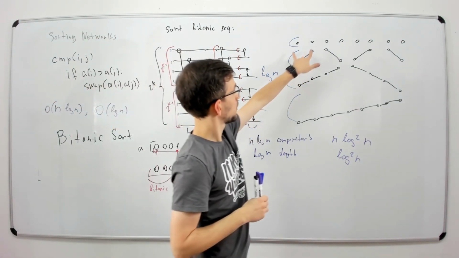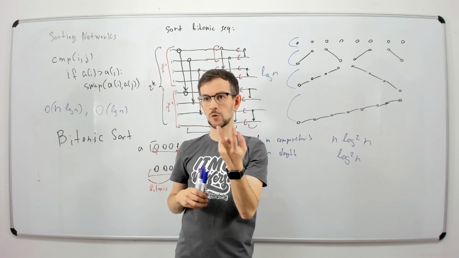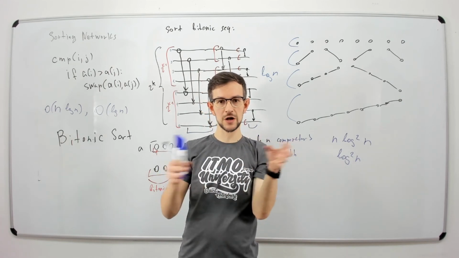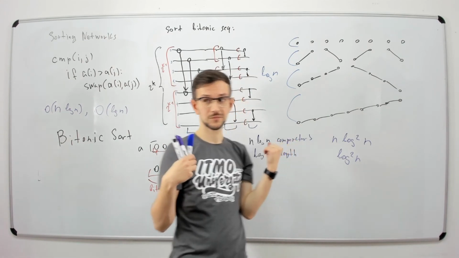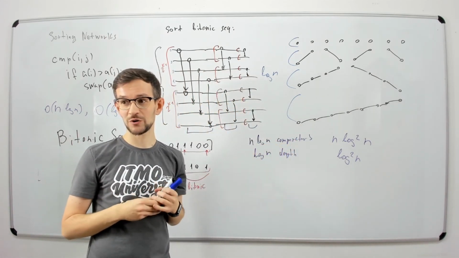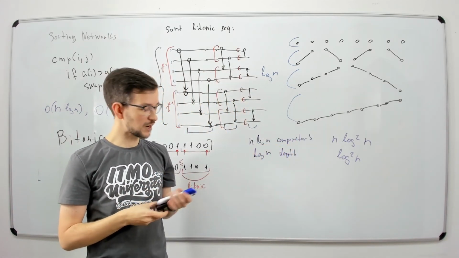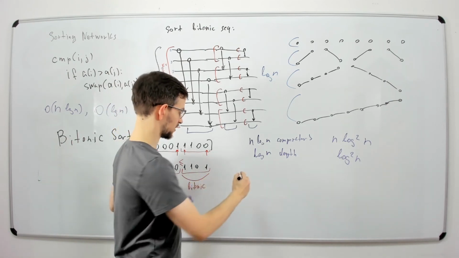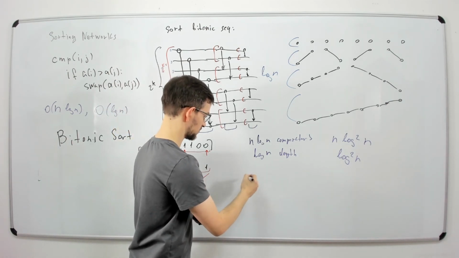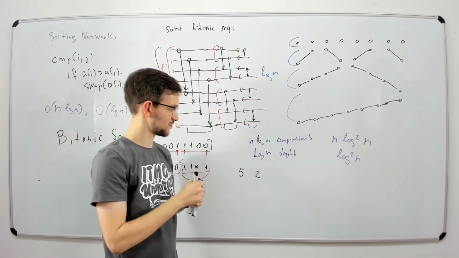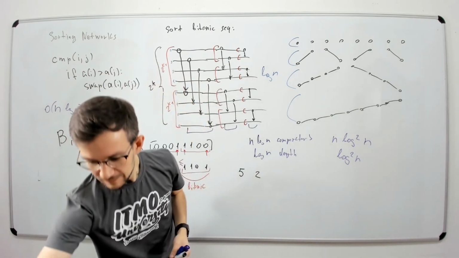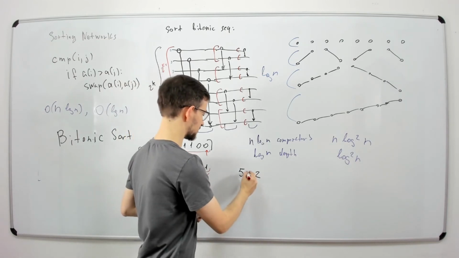Why are these elements Bitonic? Because any two elements form a Bitonic sequence. If you take any array of size 2, it is Bitonic, just by definition of Bitonic sequence. So you can take any two elements, like 5 and 2. Here 5 is greater than 2.